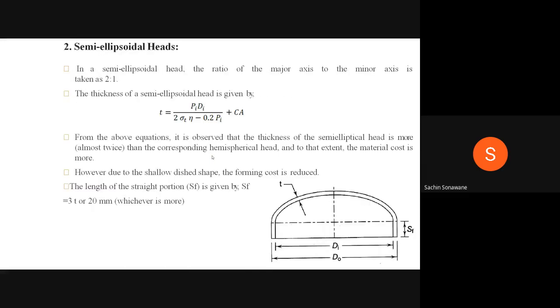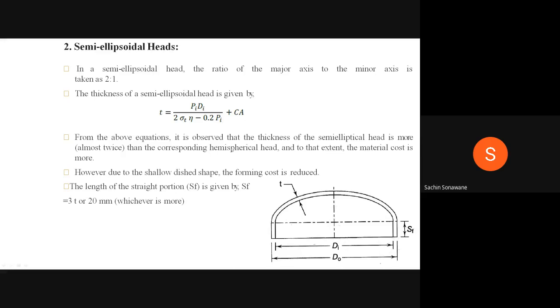Now, next is semi-ellipsoidal heads. In a semi-ellipsoidal head, the ratio of the major axis to the minor axis is taken as 2 to 1. Now, this is the major axis, this is the minor axis. The thickness of a semi-ellipsoidal head is given by t = pi Di divided by (2 sigma_t eta minus 0.2 pi) plus Ca.